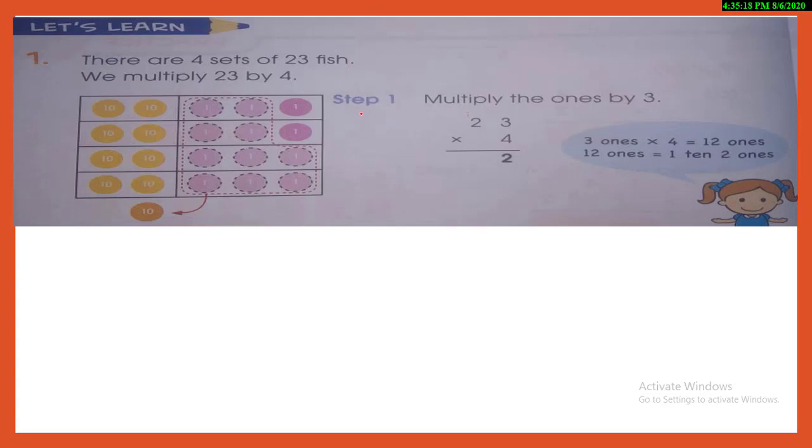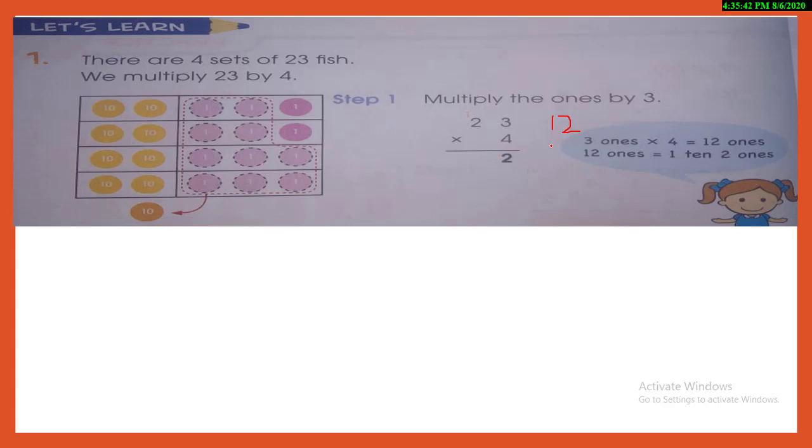So how are you going to solve it? You will solve it just like the previous method in two steps. First you will multiply 4 with 3. When we multiply 4 with 3, 4 threes are 12. Our answer is in two digits, 12. So what's the rule? The rule is that you are not supposed to write two digits at the ones place.